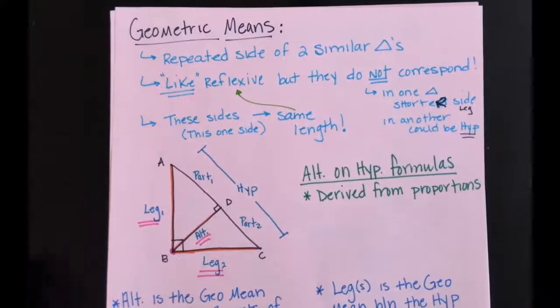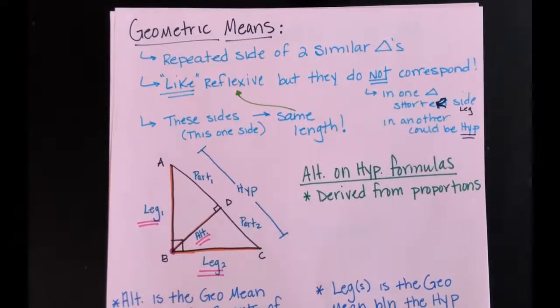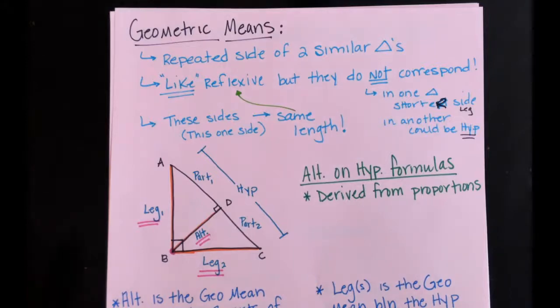It's like reflexive, but they don't correspond, and the sides are always the same length. So it's similar, no pun intended, to reflexive in that it's the same side, the same length, repeated in our two triangles. But because they're similar, not congruent, we find out that they do not correspond.